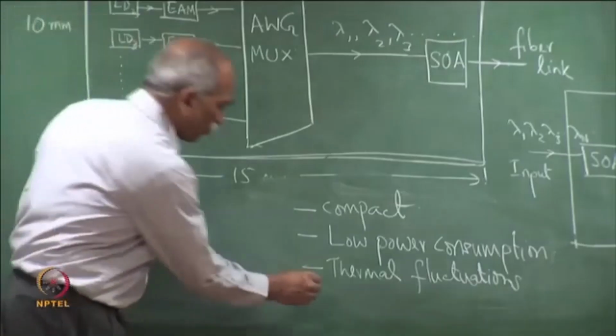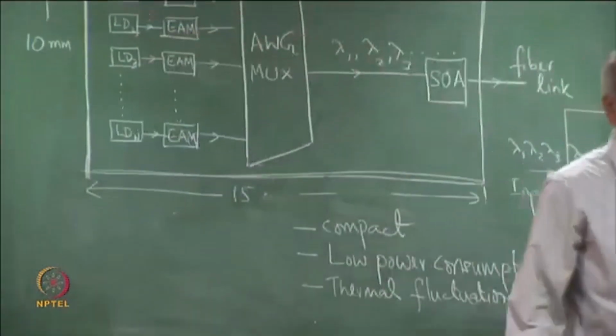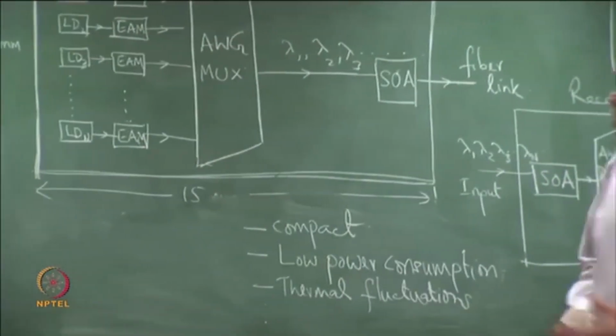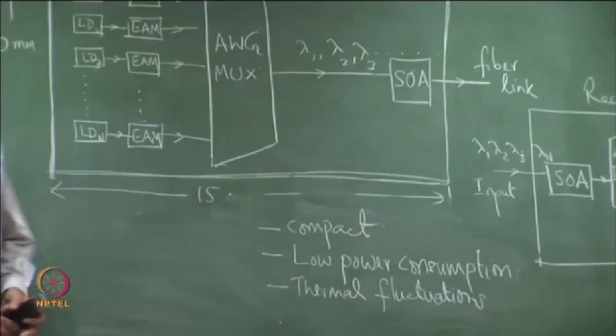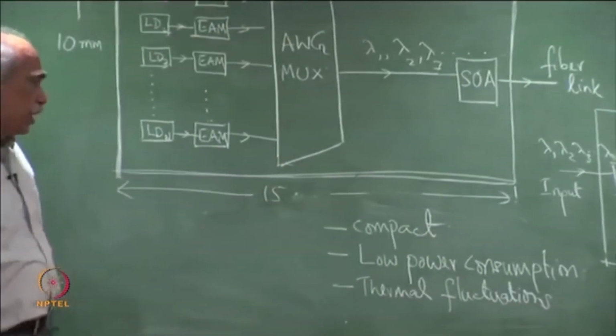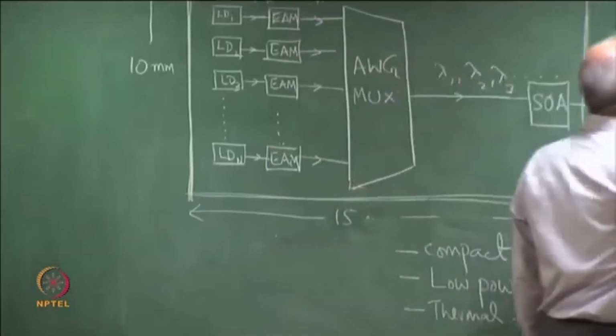And there are many more advantages, reliability and so on. So the same advantages are true for these as well, and PICs are picking up in a big way in the current optical communication scenario.